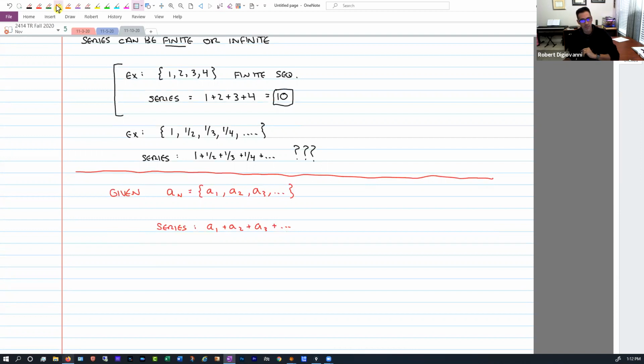We talked about this when we were doing Riemann sums. A shorter way of writing this would be to use the capital Greek letter sigma, and then we put down here k equals 1 to infinity, and then here we put A subscript k. And let's just see if this makes sense. Remember, the bottom of this is the starting point. We call this the starting number of our index. And then this is where we end. And then this is the expression we're evaluating.